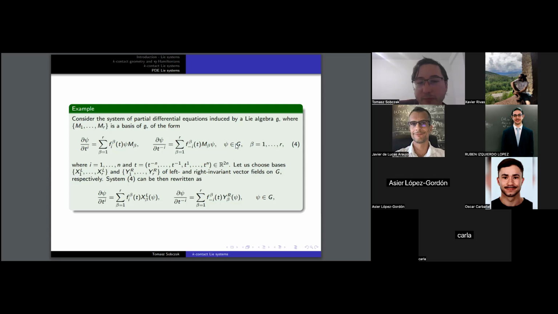In this case, it's just given that if we have a psi from our manifold, the differential of our psi will be an integral section of our system, of our time-dependent k vector field, and they have this form, meaning that the partial derivative of our psi with respect to t_i is just the sum of some time-dependent coefficients times its elements times the element of the Lie algebra g, and additionally those elements span the basis.